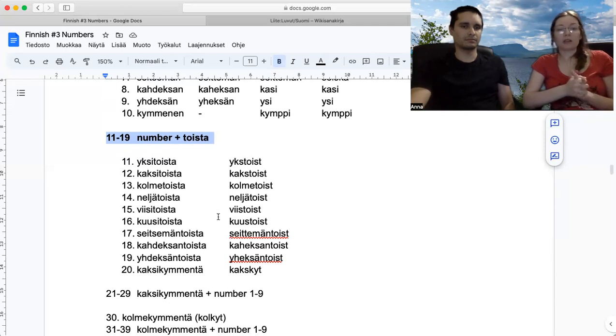So when you're counting from 11 to 19, the pattern is any number from 1 to 10, and then you add the suffix toista.